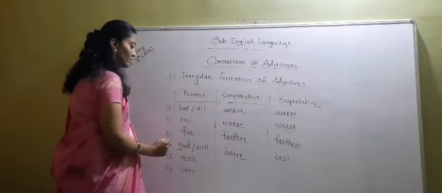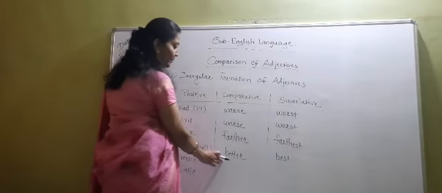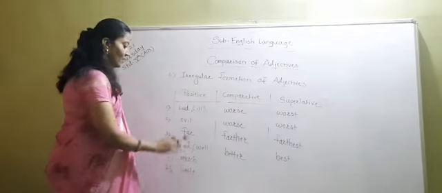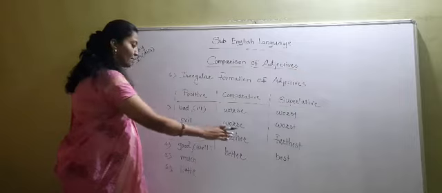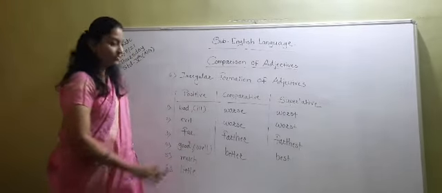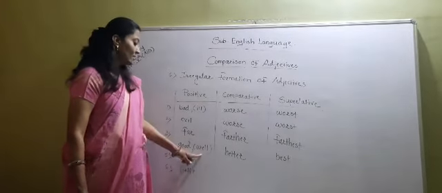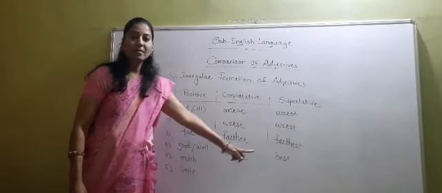Good in positive degree, better in comparative degree, and in superlative degree you have to use best. Good, better, best. And you can use better and best for well also. If instead of good there is a word well, you have to write down the same. Well, better, best.